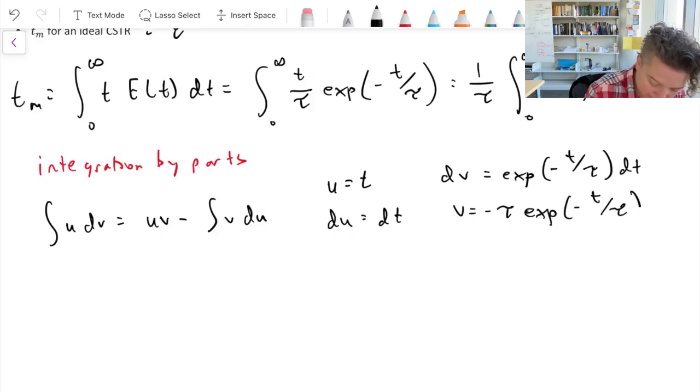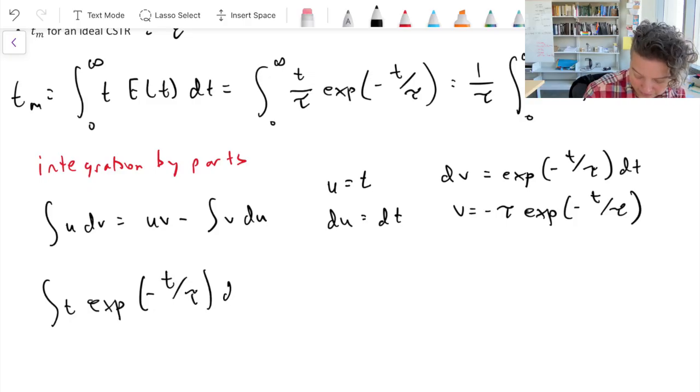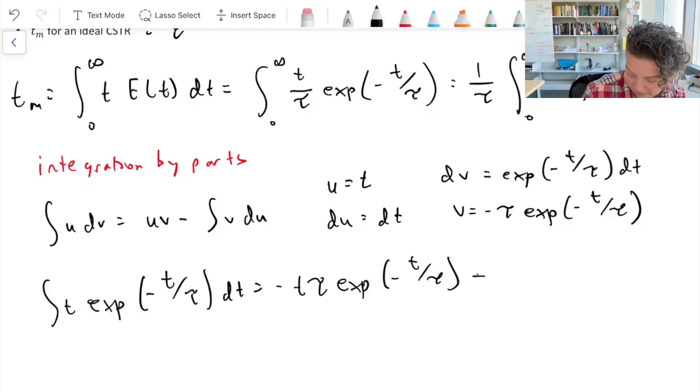So what that tells us is that the integral of t exponential minus t over tau dt is going to be equal to negative t times tau exponential of negative t over tau plus tau integral of the exponential negative t over tau dt.